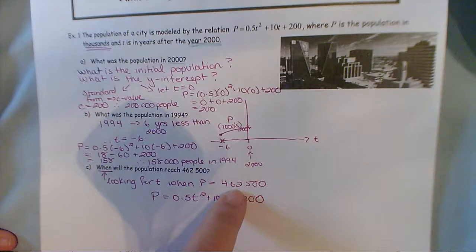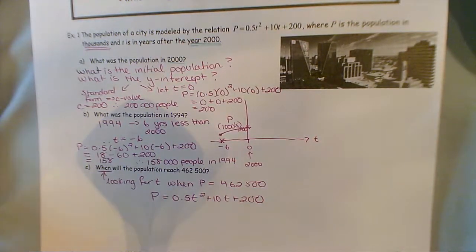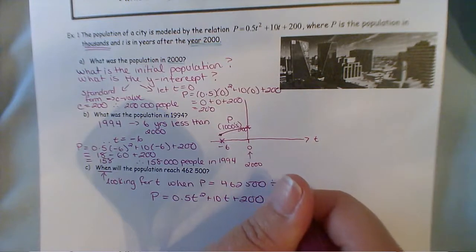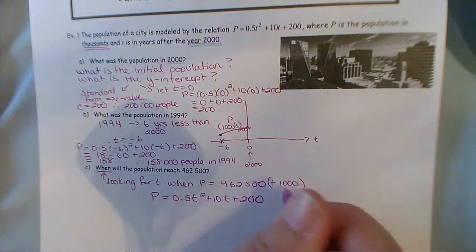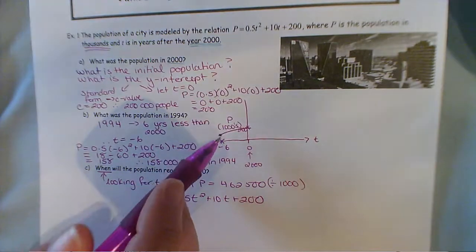And then remember that it gave us the population already with the thousands in it. So this is 462,500 people. So we need to divide that 462,500 by 1,000. So move the decimal place in 3 times to get what you're actually going to sub in, because remember what p is already in terms of thousands.